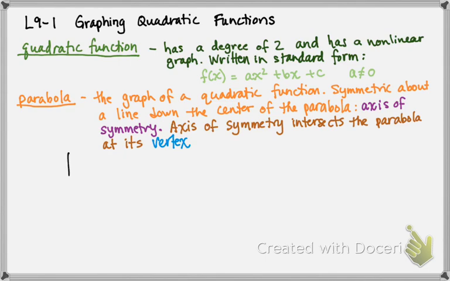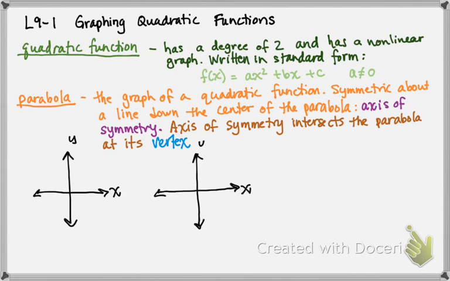Okay, so I'm going to do little axes, x, y. I'm going to do two of them. And I'm just going to draw a parabola, and we're going to draw in that vertex, and we're going to draw that axis of symmetry that's passing through it.